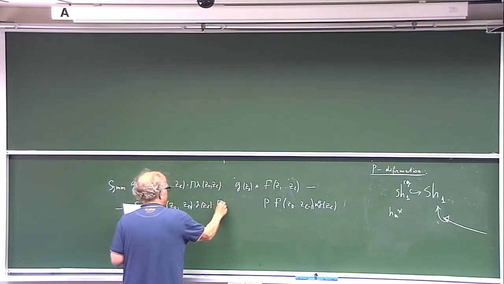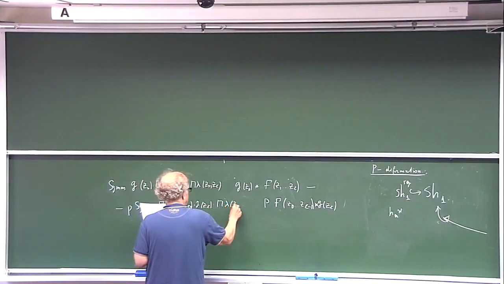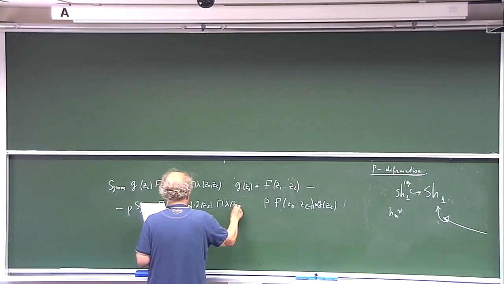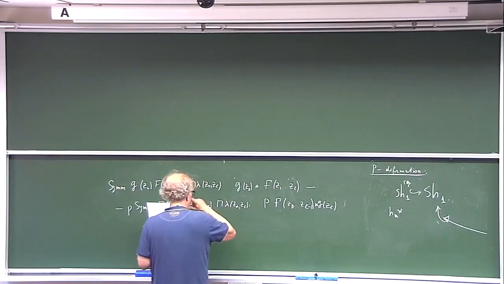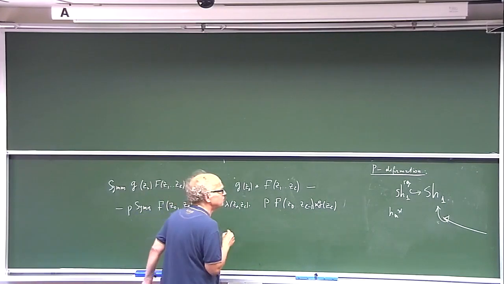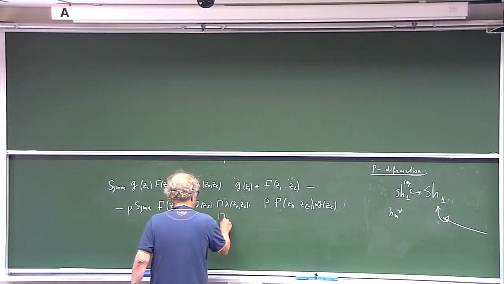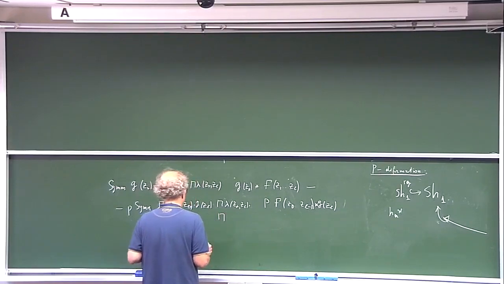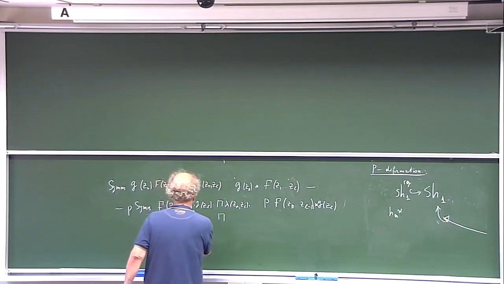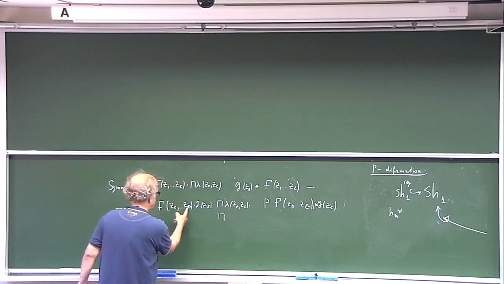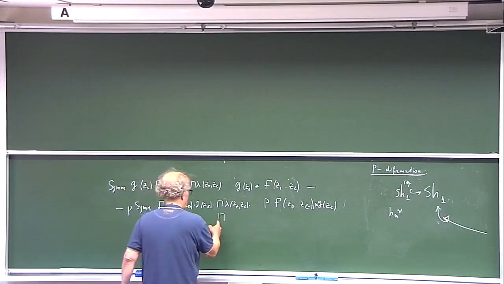Here we have a product of lambda Vi. And here we have also an additional product. And this additional product, because actually we have P somewhere. So we have a product.